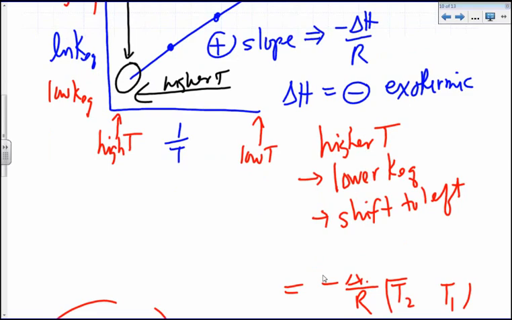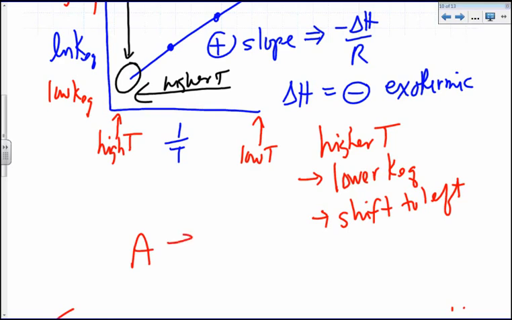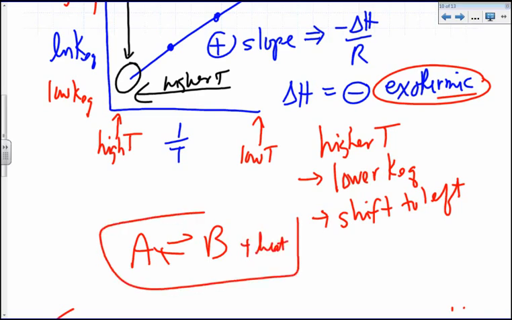Now, what did we say Le Chatelier's principle says? Let's say I have a reaction A going to B, and it's exothermic. So if it's exothermic, heat is produced, right? According to Le Chatelier's principle, if you raise the temperature, you're providing heat, and the equilibrium mixture will react in a manner that will counteract the stress. So if you're putting in heat, the direction that will be favored is the reverse direction, where that heat is consumed.